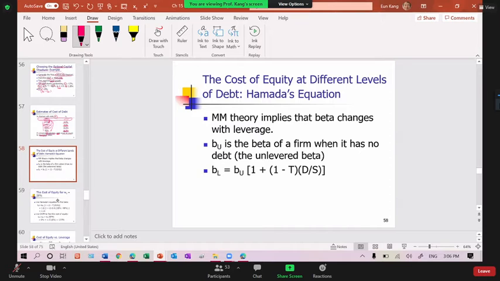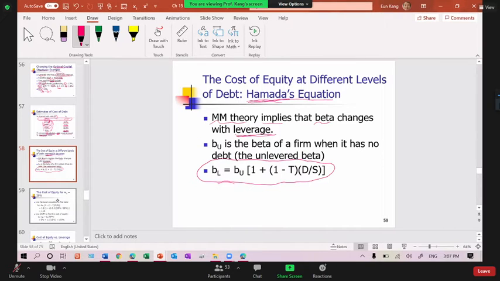Then now we are going back to chapter 11, cost of capital. We didn't say Hamada's equation, but this formula that we used in chapter 11, cost of capital, especially divisional cost of capital, right? This formula we're gonna use because MM theory implies that beta changes with leverage, right?